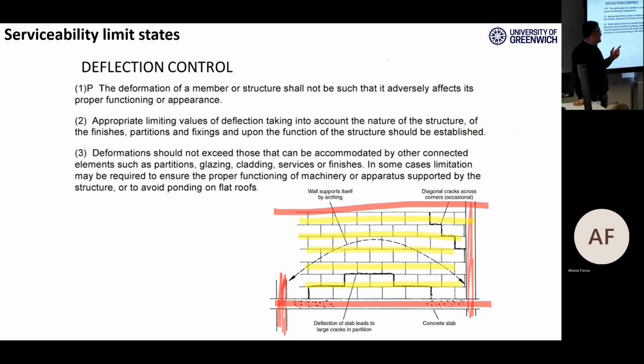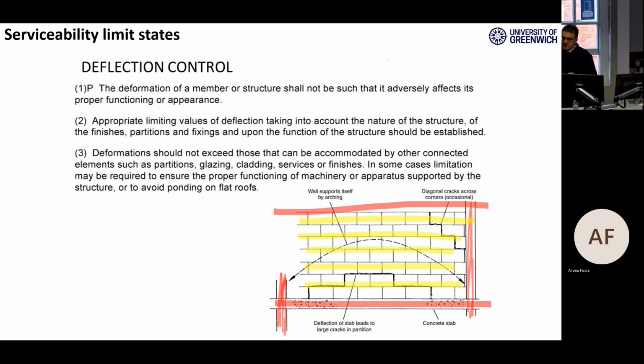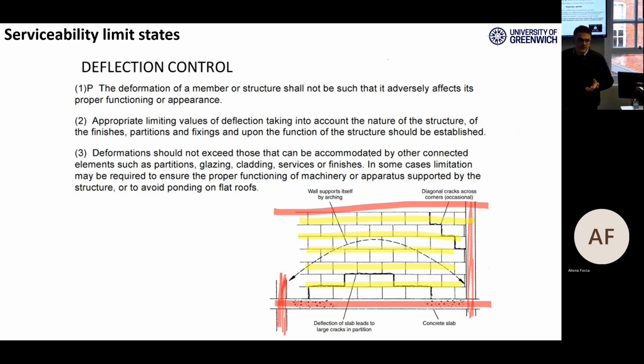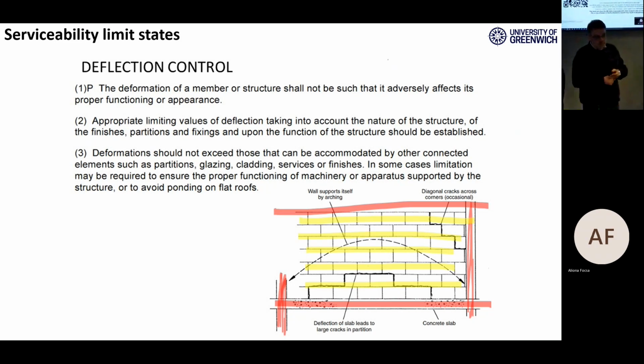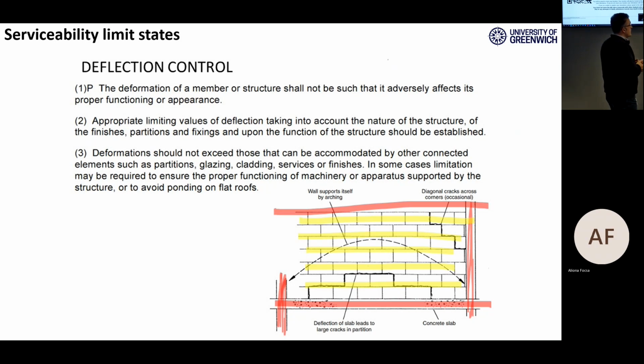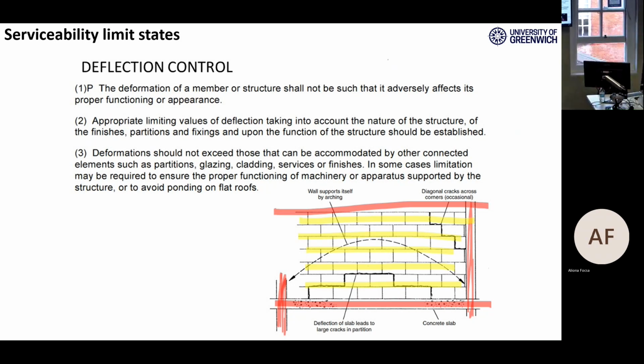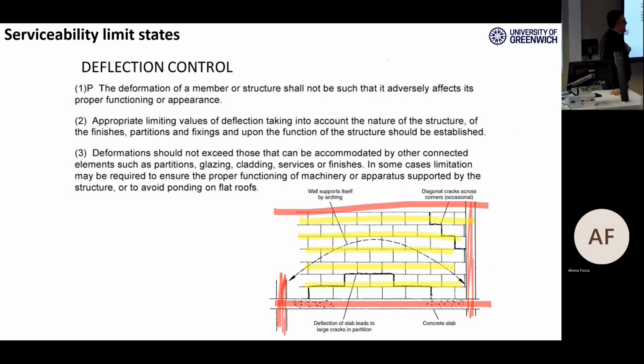And the last criteria is about deflection. As I said before, deflection is important in terms of limiting the vibration in the day-to-day life of the structure, and also limiting the deflection for prohibiting the potential cracks in the infill walls, like any kind of wall it can occur.